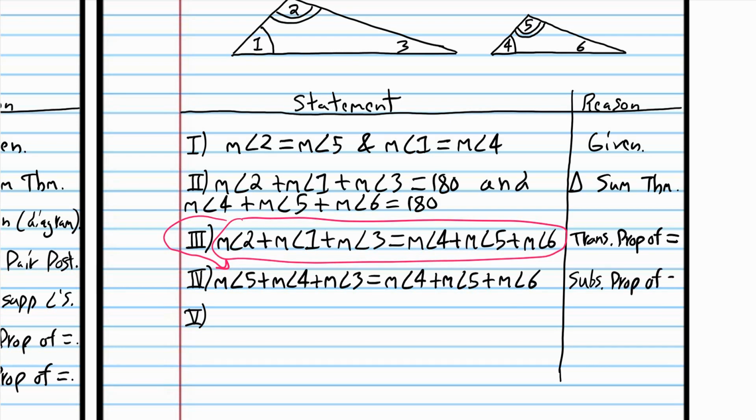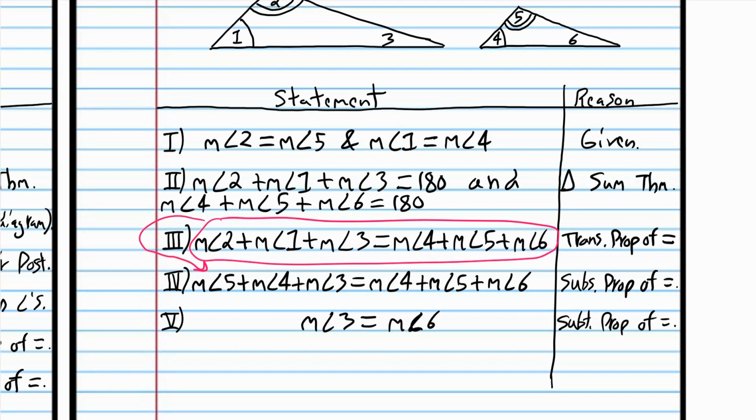We're going to subtract measure of angle 4 from both sides and measure of angle 5 from both sides, and we end up with measure of angle 3 is equal to measure of angle 6. And that is the subtraction property of equality. So I just want to go back and make sure you know exactly what's happening here.